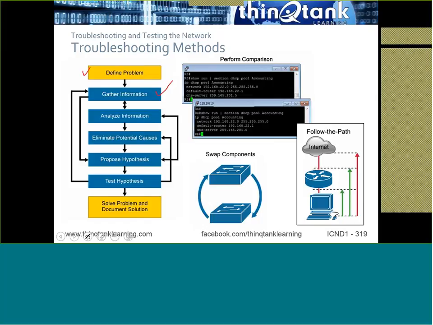Once you gather the information, you analyze it, and you start to consider the possibilities. I've already taught you throughout the first few chapters how to isolate problems or eliminate possibilities. Show IP interface brief, for example. If I see up on show IP interface brief, then I don't need to be troubleshooting the physical layer. I need to be troubleshooting the network layer.